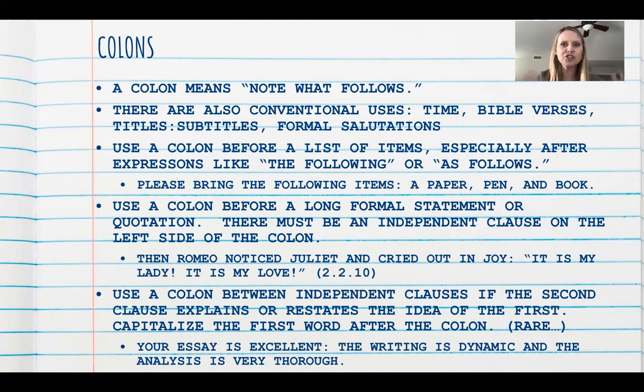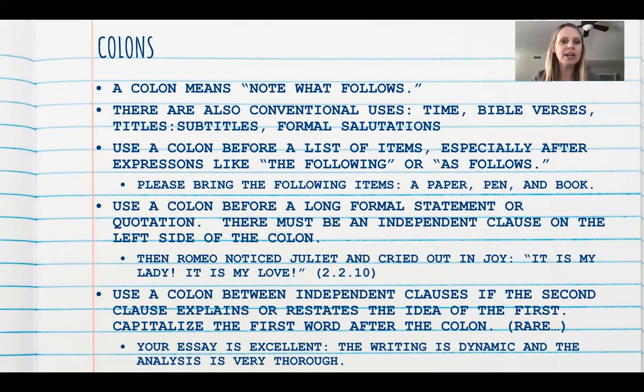But going back to our usage in our everyday writing, you want to use a colon before a list, especially when you have expressions like "please consider the following" or "note as follows," and then a colon. Be careful here though, you don't use colons all the time for lists.